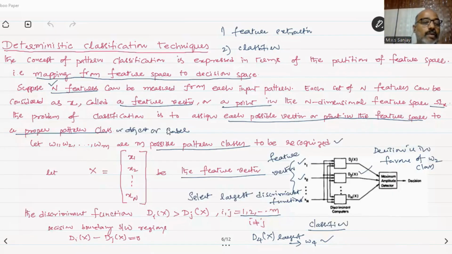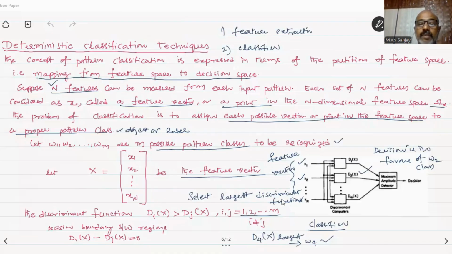Let omega 1, omega 2, and so on, omega m be the m possible pattern classes to be recognized. Also, consider capital X as the feature vector, where x1, x2, and so on, xn are features or measurements.